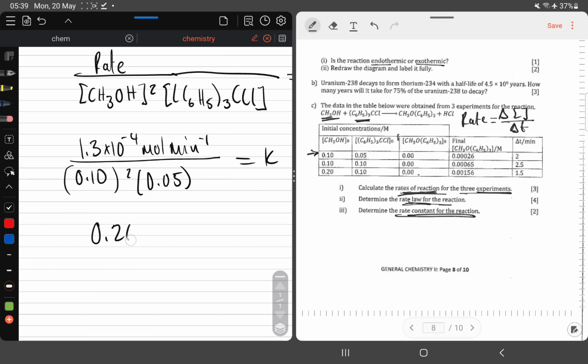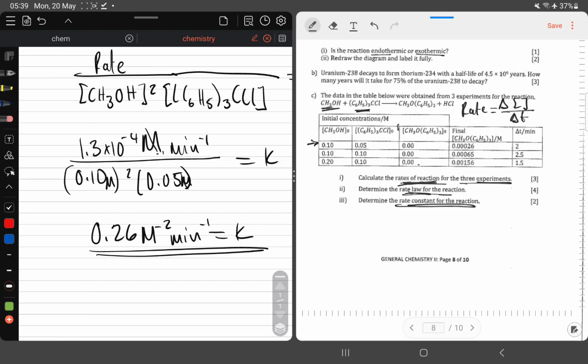Remember here I have in the denominator molar squared then times molar, and this molar cancels with that. I'll remain with molar squared in the denominator, so M to the negative 2, then minutes to the minus 1. This is equal to K, and I have my rate constant, and I'm done. Bravo!